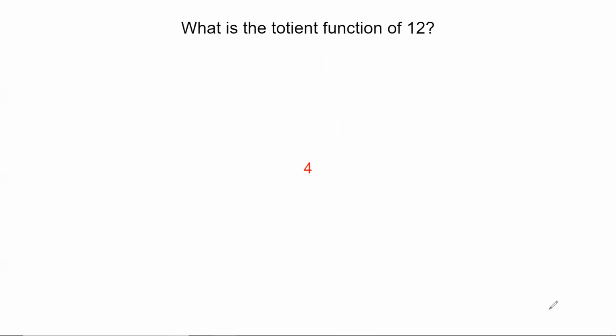So the prime factorization of 12 is 2 squared times 3. And its individual prime factors are 2 and 3. So can anybody write an expression for the formula from the last slide?